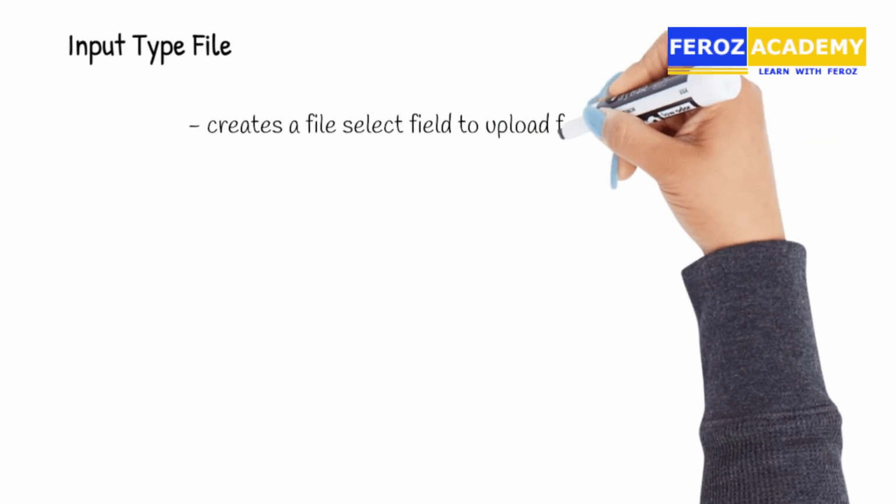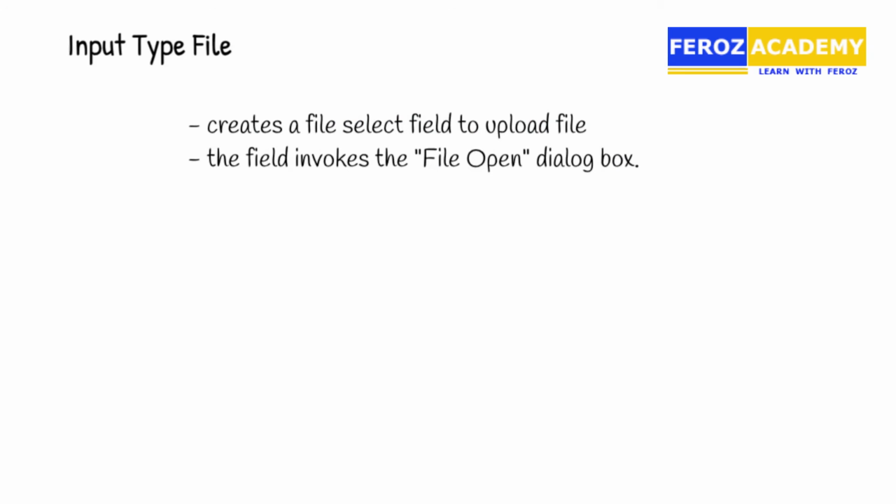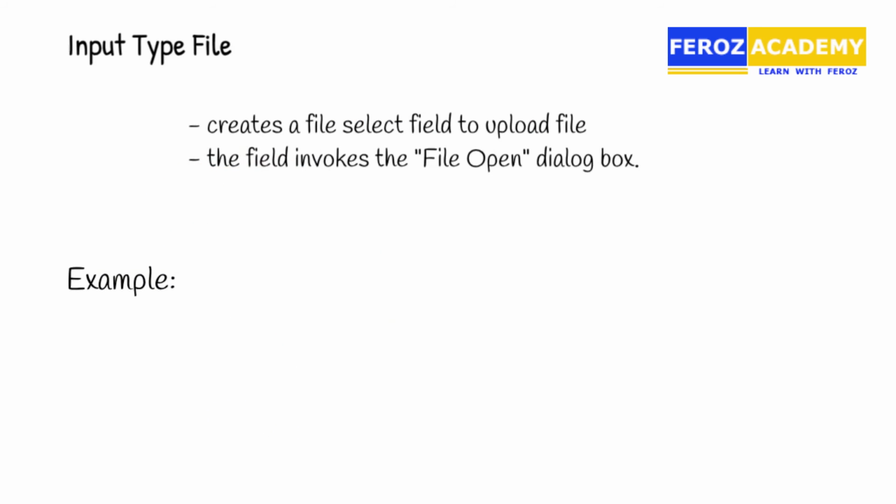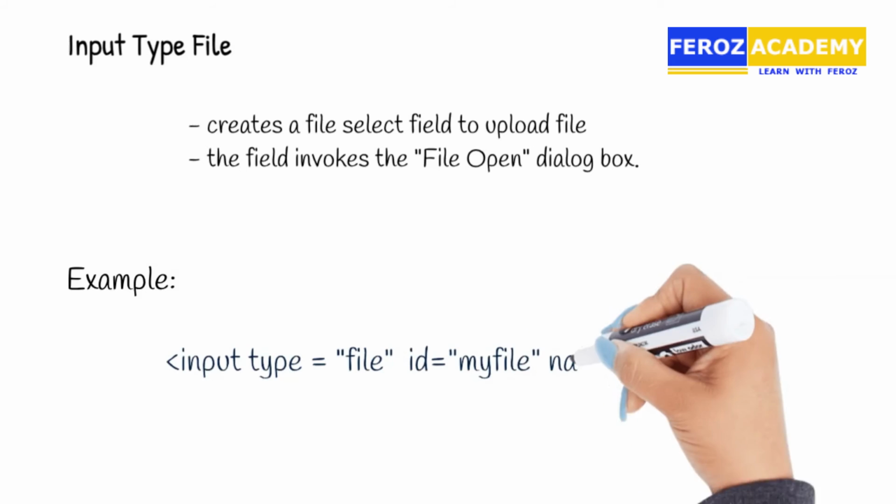The input type file creates a file select field for upload. When you click the field, it invokes the open dialog box for selecting the file for uploading.